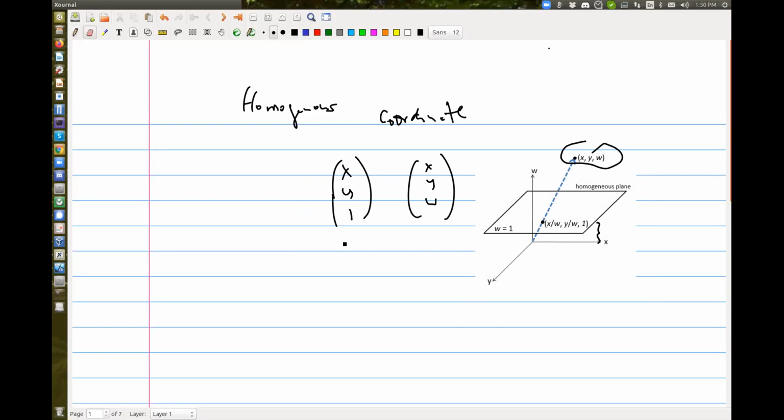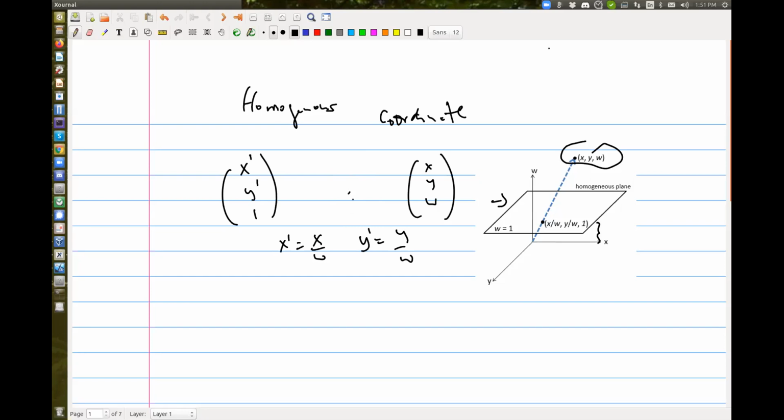The actual coordinate, x prime, y prime, is equal to x over w and y over w.